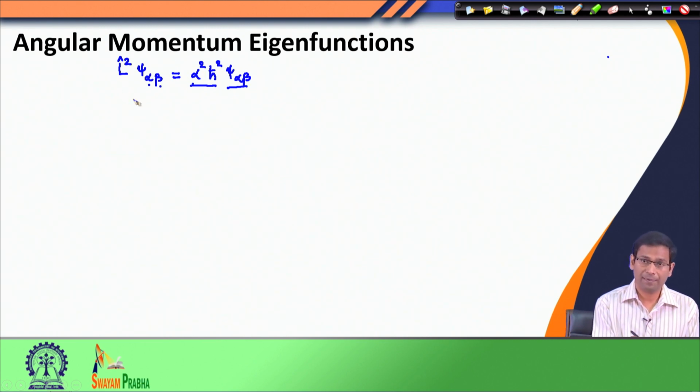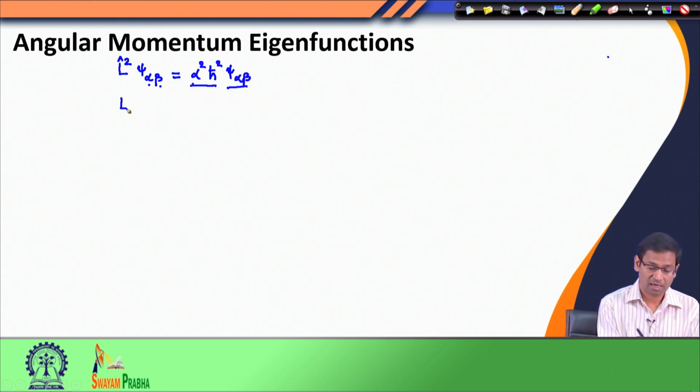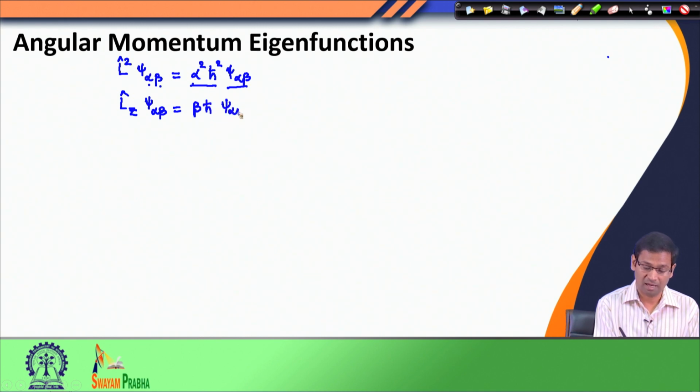So, to have an analogy between the operator and the corresponding eigenvalue, I defined this h bar square, which takes care of the dimensionality of the problem, and that leaves this alpha square, which will be a dimensionless quantity. I still do not know what this alpha is. I similarly define that when I act the Lz operator on psi alpha beta, I get beta h bar psi alpha beta.